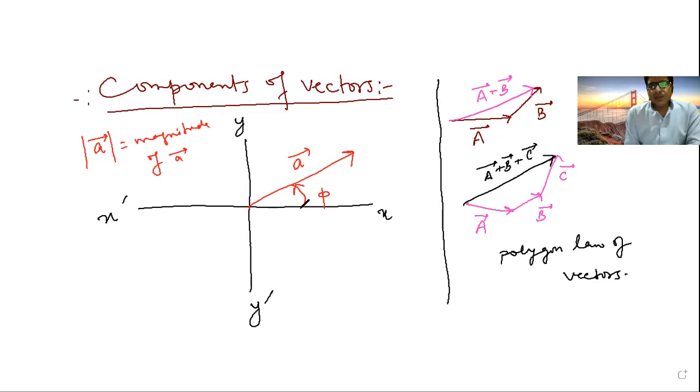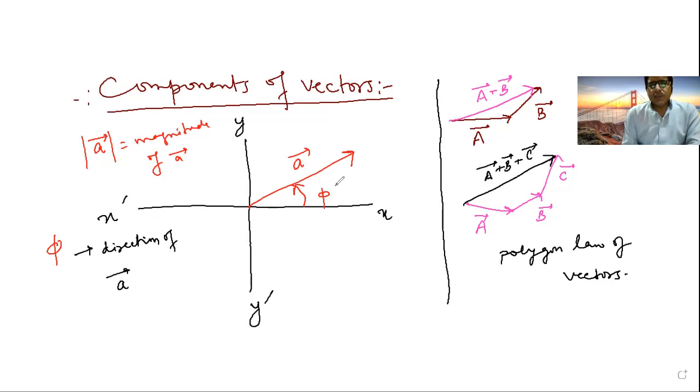We see the angle with the positive x-axis but measured in the counterclockwise sense, not this angle. We see this angle. There is a convention. When we refer to the angle of the vector with respect to our coordinate system, we have to see the angle with the positive x-axis measured in the counterclockwise sense. So this phi denotes the direction of A, right?